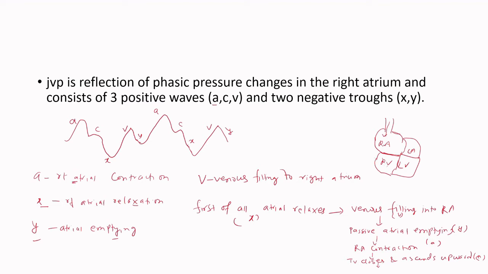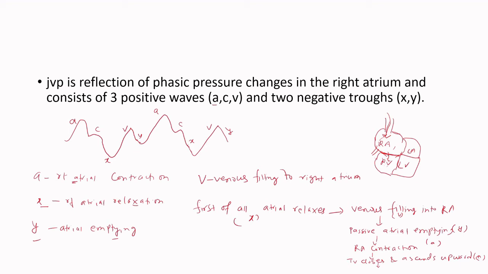First of all, let's understand how the heart pumps. There is passive filling of blood into the right atrium from the superior vena cava and inferior vena cava, and after the blood is filled, the tricuspid valve opens and blood flows into the right ventricle.